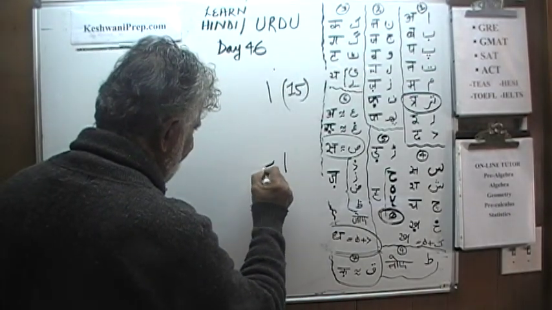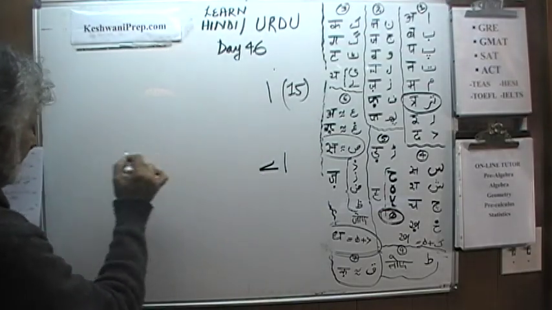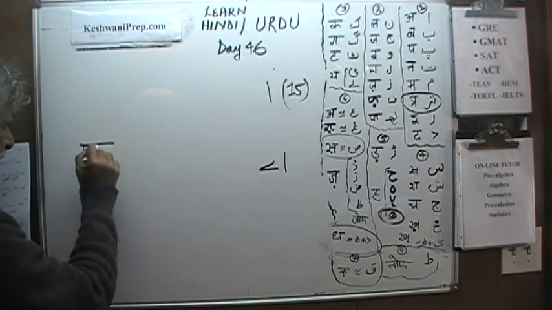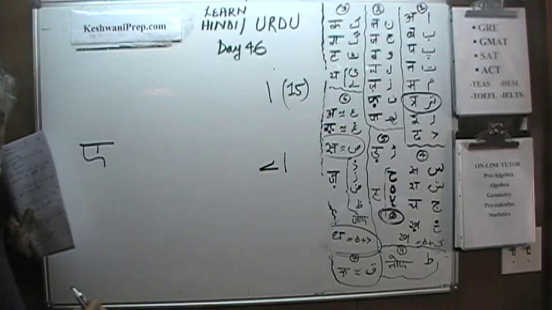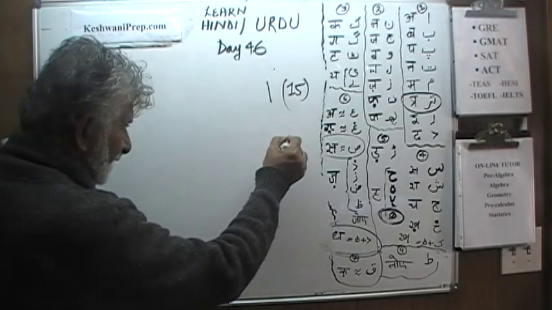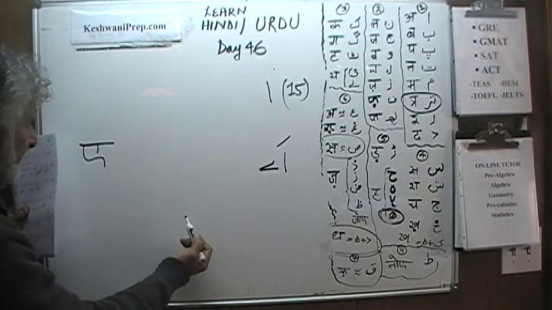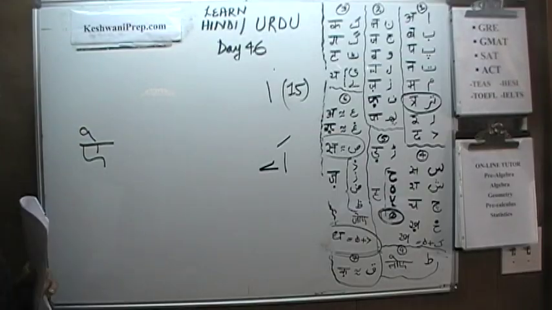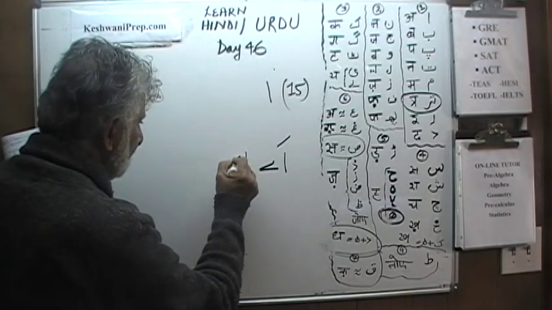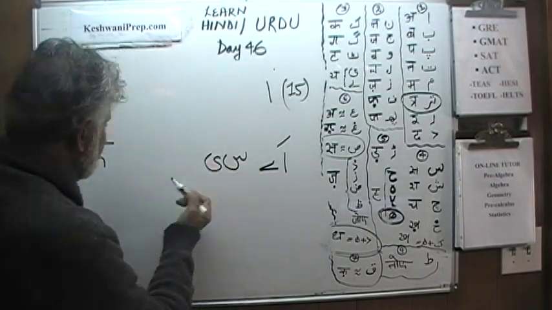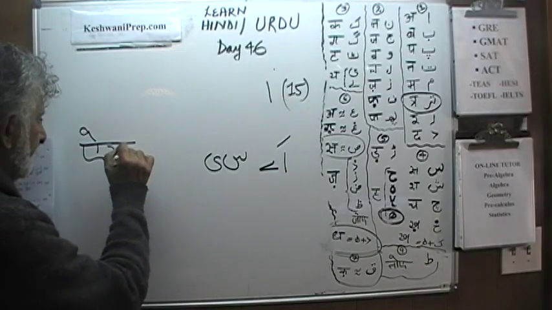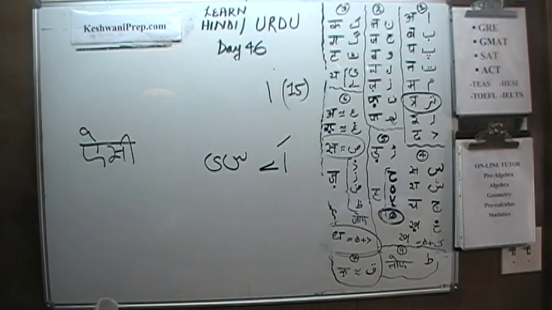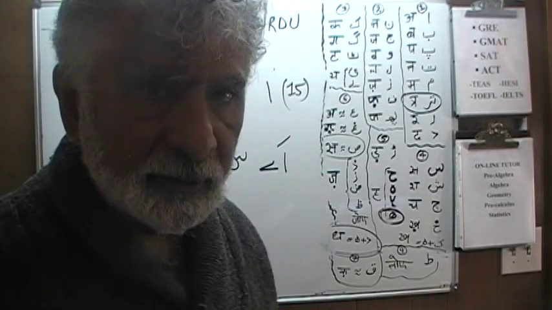Alif and a badi ye would make it aa. This part reads aa. But we don't need a choti a ki matra, we need a badi aa ki matra. So we need a zabar on top of it. And now it's a badi aa ki matra. Aa, and then seen, and a choti ye. And now it reads aisa, as in this kind, this sort, this type.